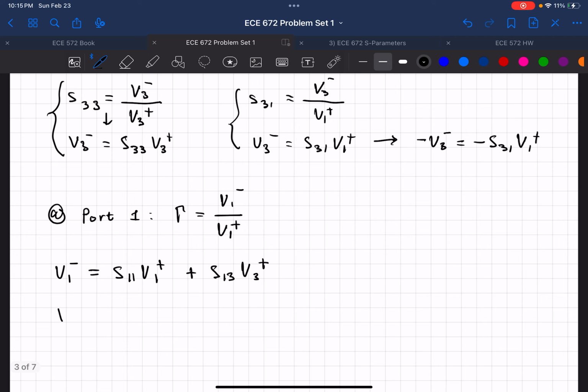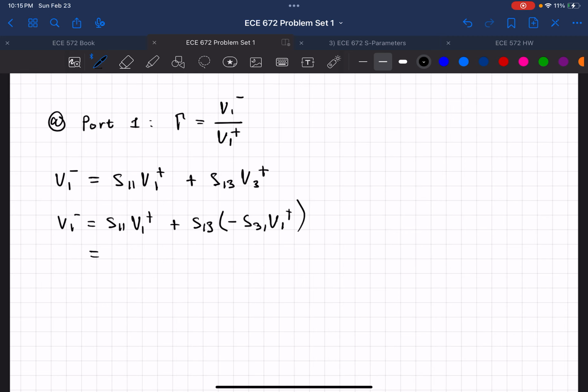So we have V1 minus equal to S11 V1 plus minus S13 S31 V1 plus.